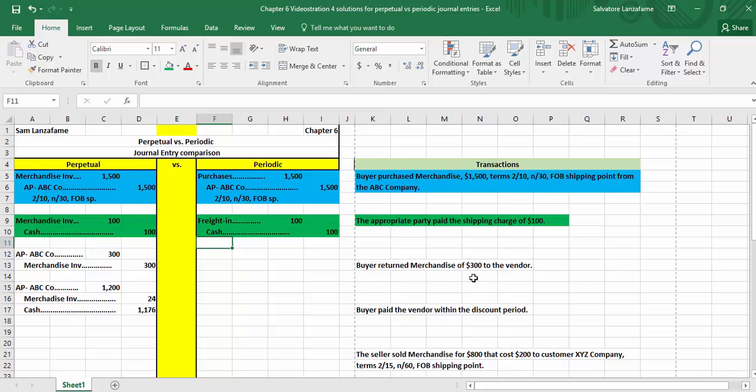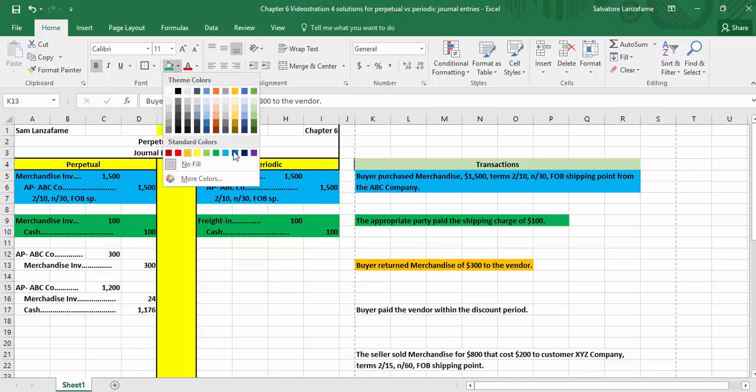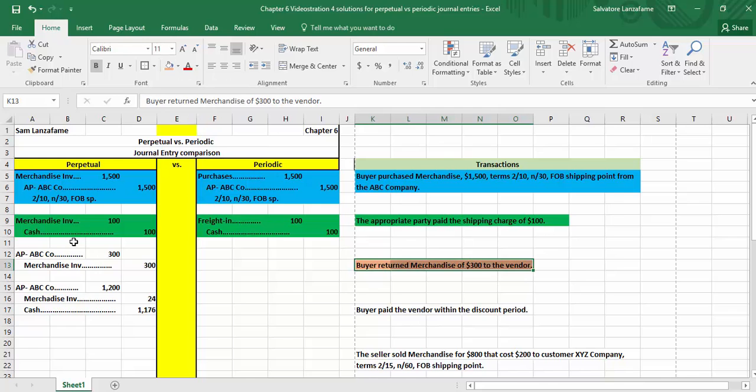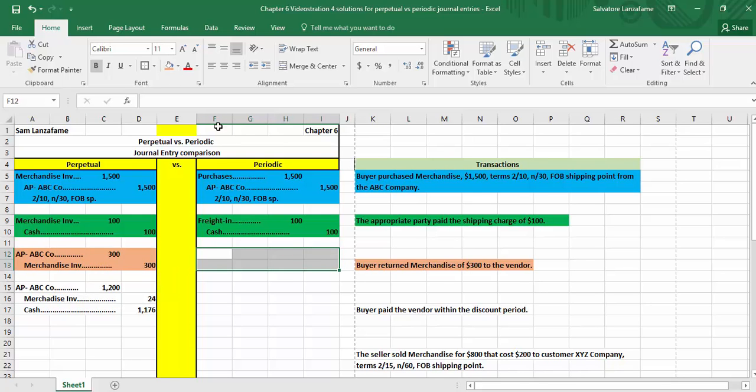When the buyer returns merchandise to the vendor, okay, so let's do this one next. So let's put this in. These are lousy colors. Okay, so now basically what's happening here is when we're done comparing perpetual versus periodic, you'll see that I've replaced the merchandise inventory from perpetual with something very explicit under periodic.